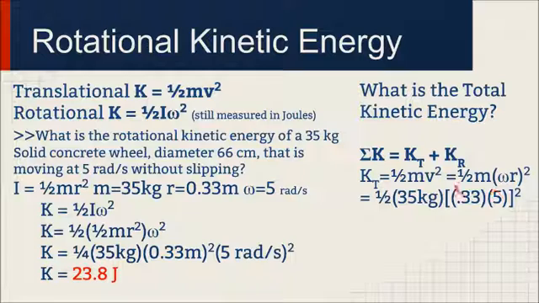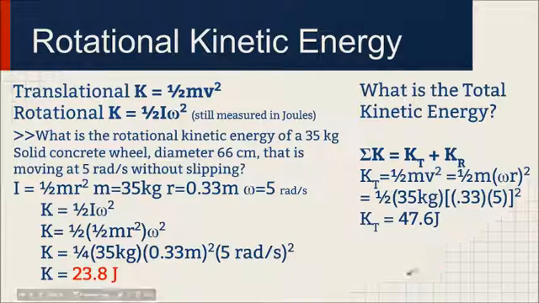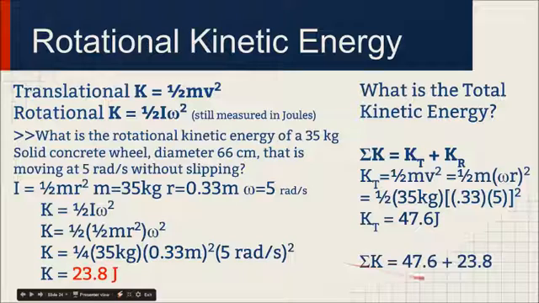Be sure you use enough parentheses, or square them individually, like you learned in algebra. That calculates to 47.6. So the total kinetic energy is 47.6 plus 23.8 for a grand total of about 71 joules.